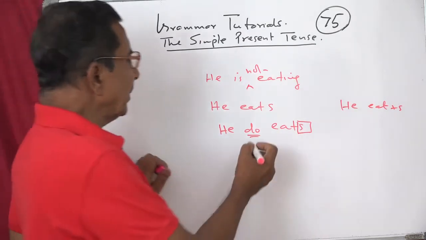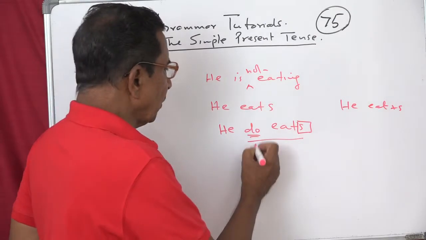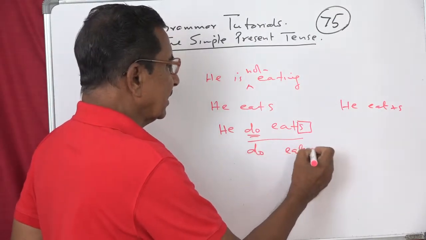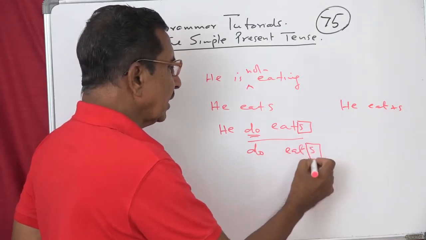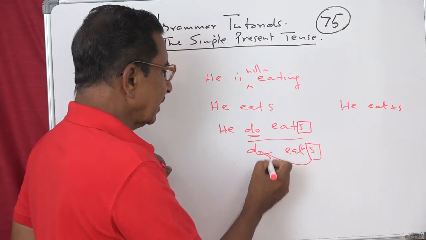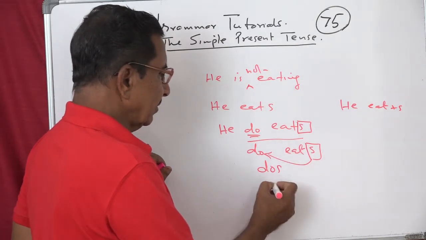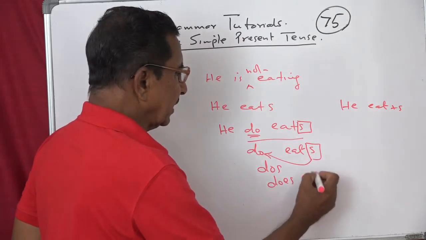Here we have two members, do eats. So the first member is do, second member is eats. So two members, that means you have to take it from here, add to here. Then that will become does. Spelling change: does and eat.